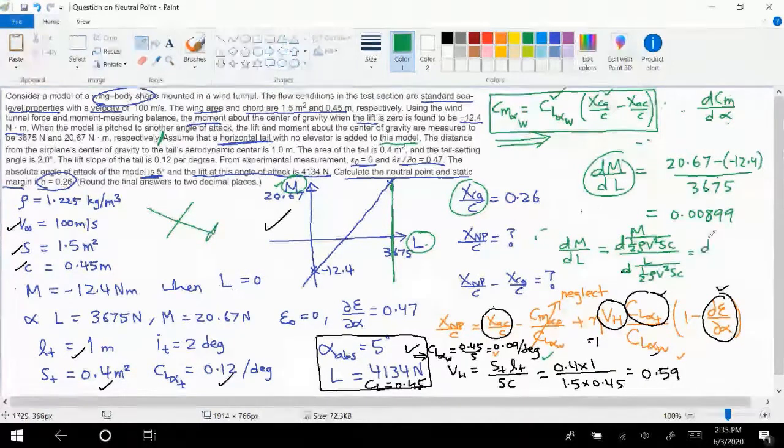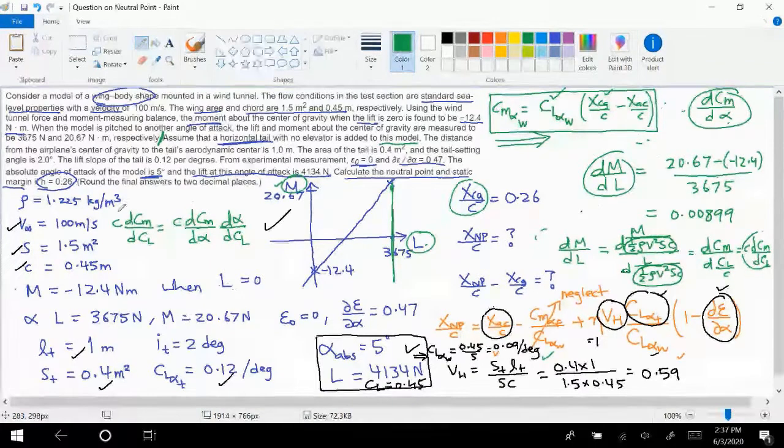This is equal to d. Okay, but this is not what we want. We want this. So we need to keep going now. But we have run out of space. Where can I continue this process? Okay, so this is a number, right? We got this number, isn't it? This is the same as dM/dL. dM/dL became this. So we have that number 0.00899. 0.00899 is equal to c dCM/dalpha over dCL/dalpha.